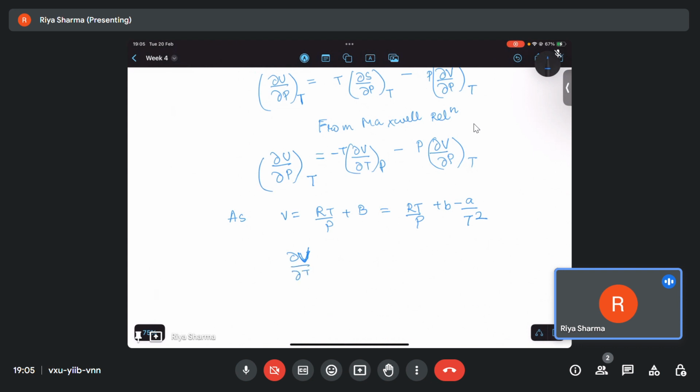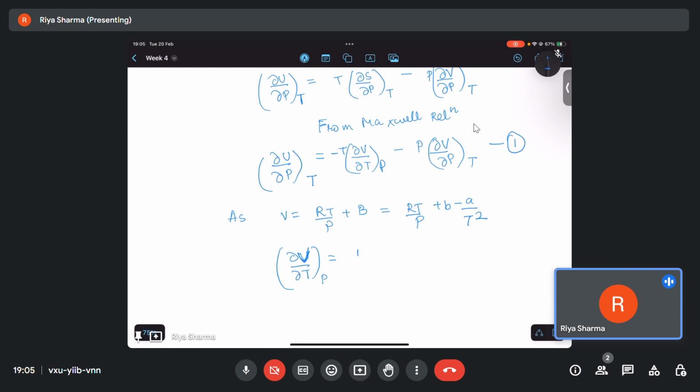So now we have to find del V by del T at constant pressure for equation 1, and del V by del P at constant temperature.